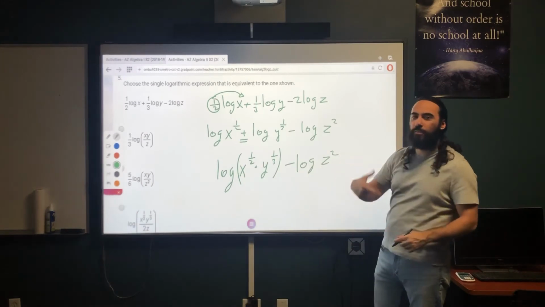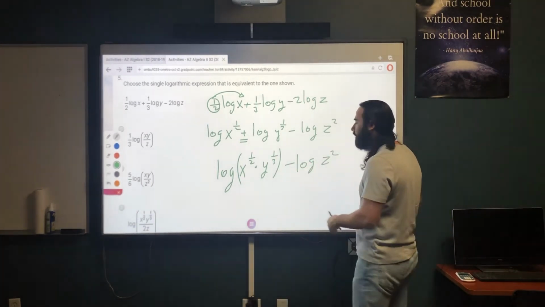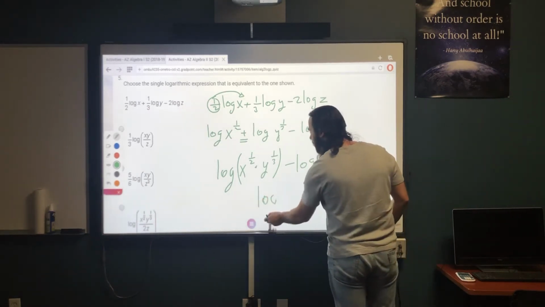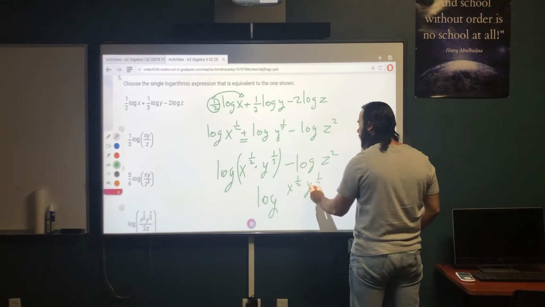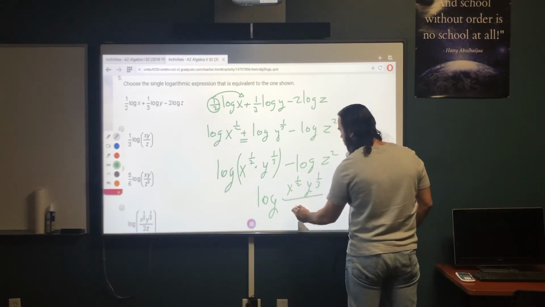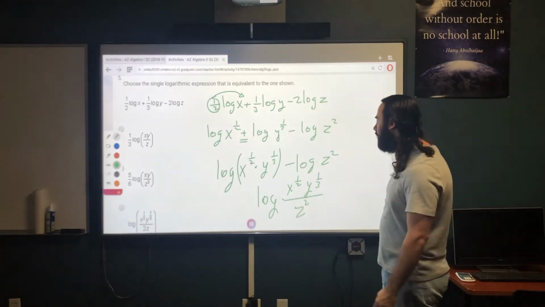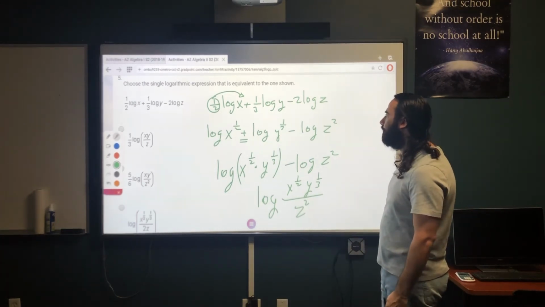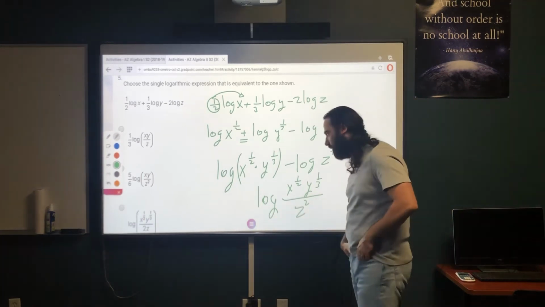Now we have two logs, and we have subtraction between these two logs. The way we said, if we want to make one log, we can make a division. So it's going to be log of x to the power of 1/2 times y to the power of 1/3 divided by z squared. And this will be your answer. Okay? That's how you do it as one log.